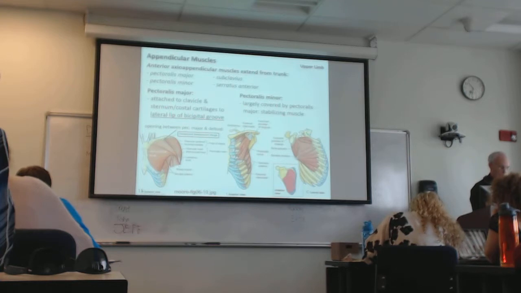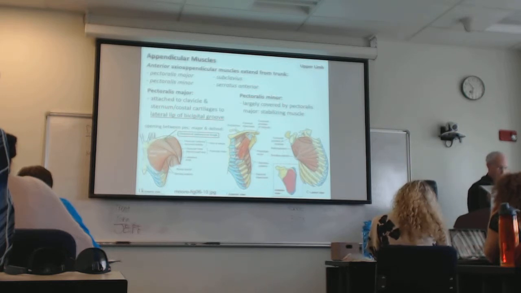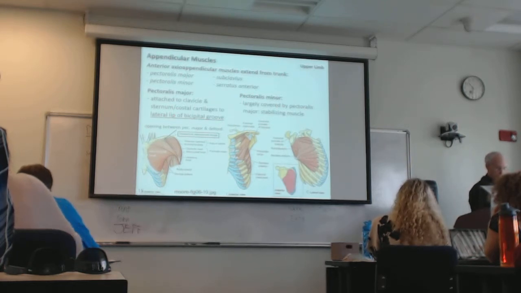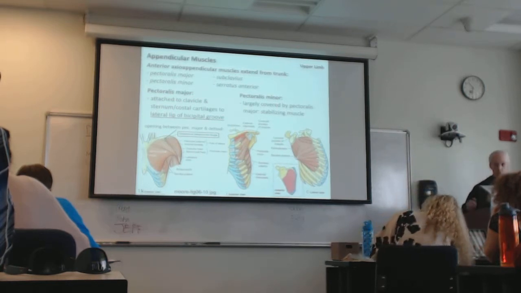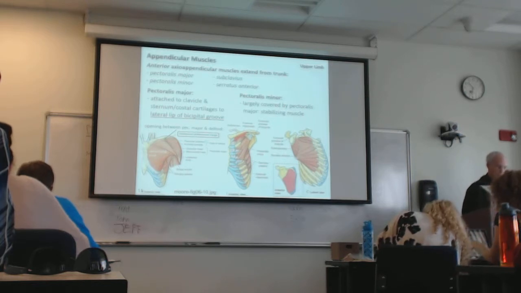Here's the pectoralis minor here. This is usually described as a scapular depressor and stabilizing muscle, but note that it lies deep to or inside the pectoralis major. The subclavius is a little muscle up here, probably also important for depressing or lowering the scapula.